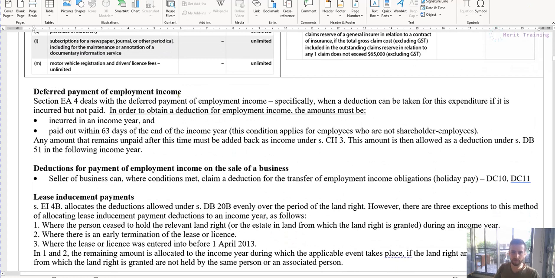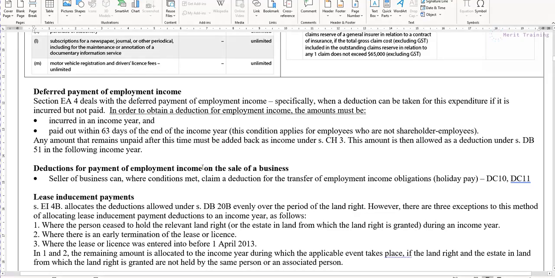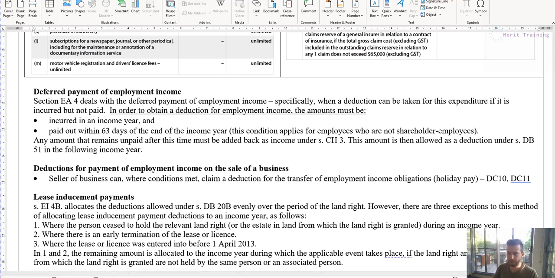Okay, next one is deferred payment of employment income. It's another specific deduction situation. What this is talking about is, if you're at KPMG, PwC, wherever it is, sometimes they give you the opportunity to purchase annual leave, and what's effectively happening in this situation is the employee is signing an agreement with the employer in order to forego a portion of their normal salary.